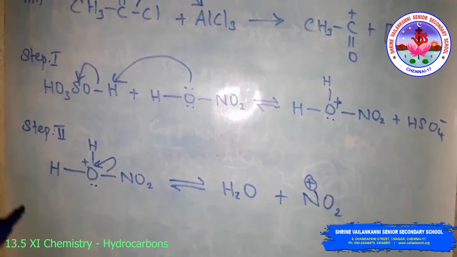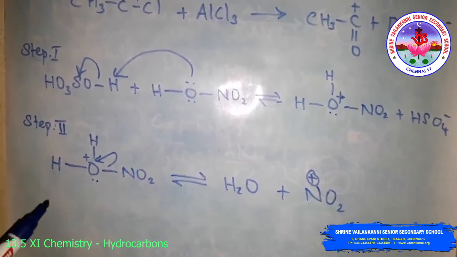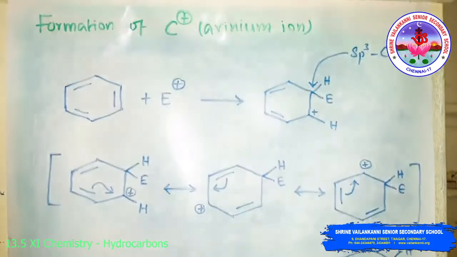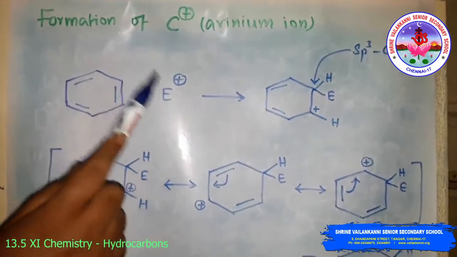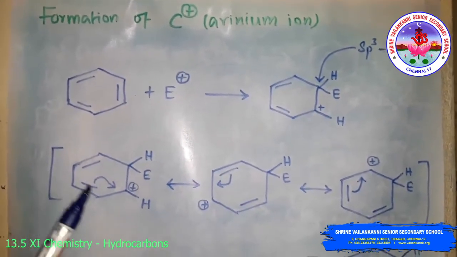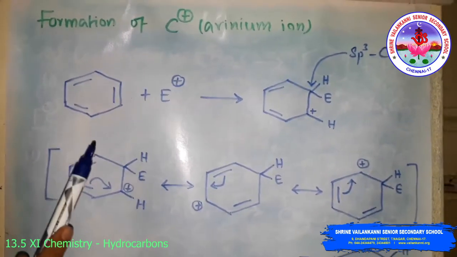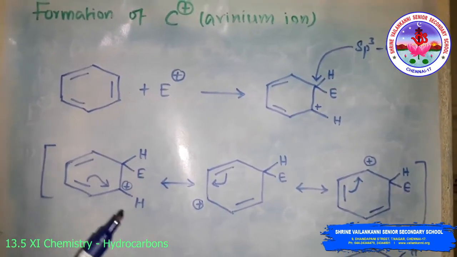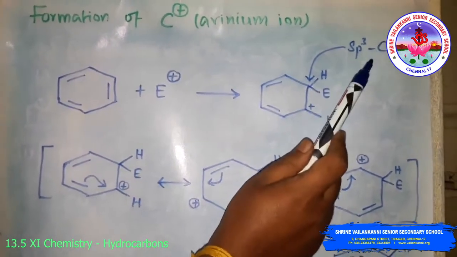The next step is the formation of the carbocation, or arenium ion. See, in the formation of the carbocation, that is the arenium ion, the attack of the electrophile results in the formation of the sigma complex, or arenium ion, in which one of the carbons is sp3 hybridized.